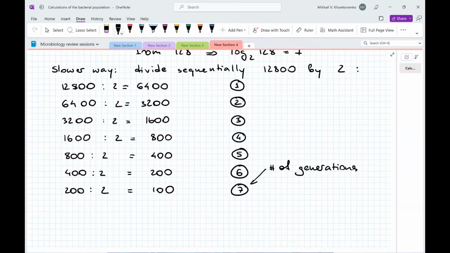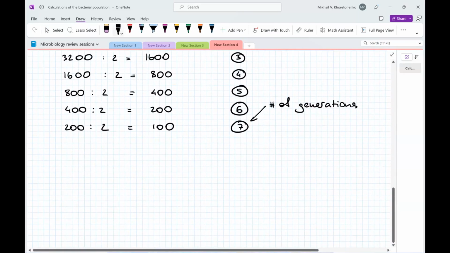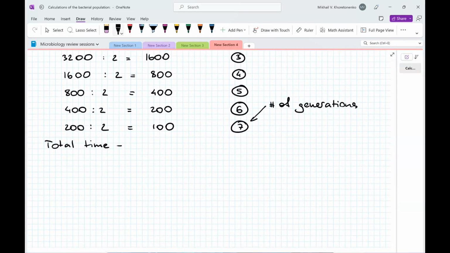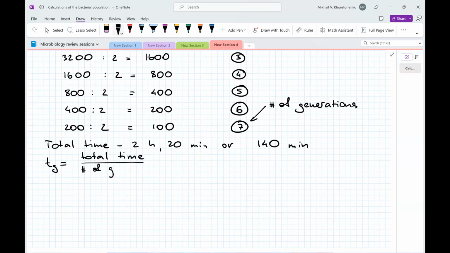So this is the number of generations. Do you follow me? Yes, I do. Now, total time is 2 hours, 20 minutes, or 140 minutes. You can calculate it yourself. Your generation time will be total time divided by the number of generations.